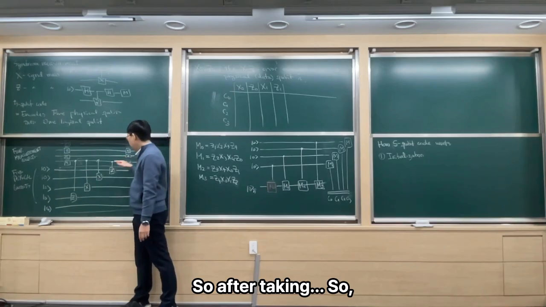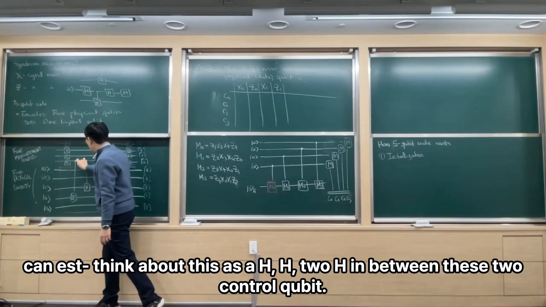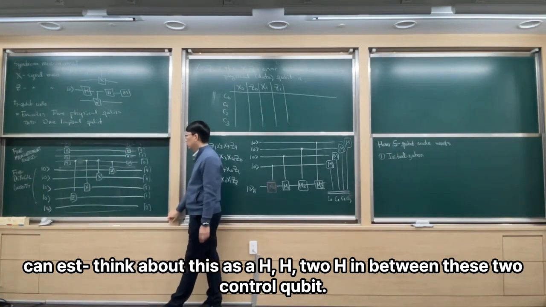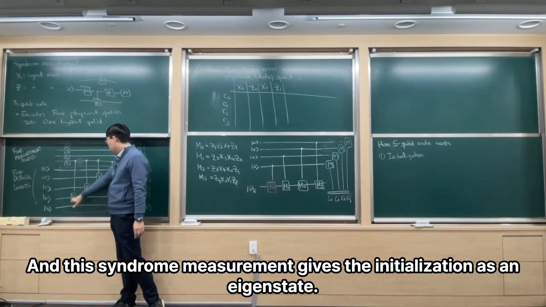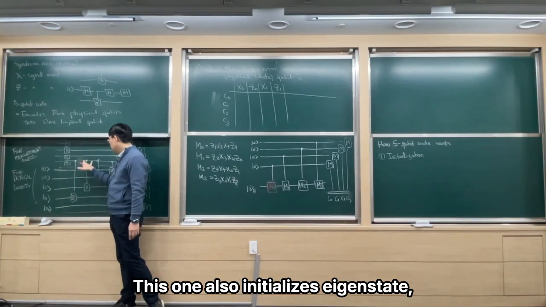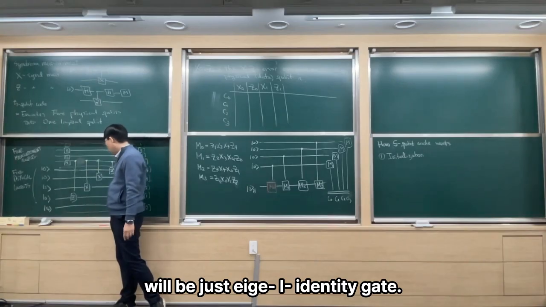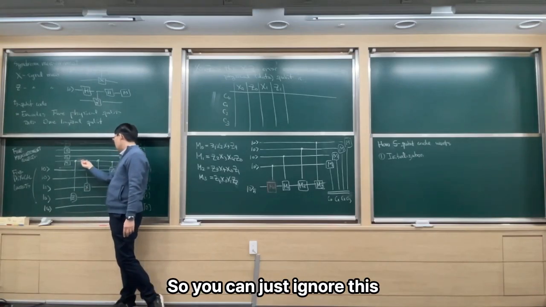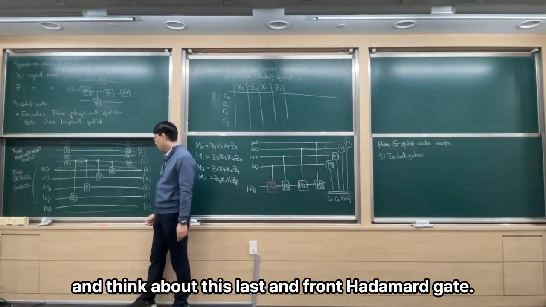You can think about this as an H, 2 H's in between these 2 control qubits. This syndrome measurement gives the initialization as an eigenstate, and this one also initializes as an eigenstate, but 2 H's in a row are just the identity gate. So you can ignore this and think about the last and front Hadamard gate.